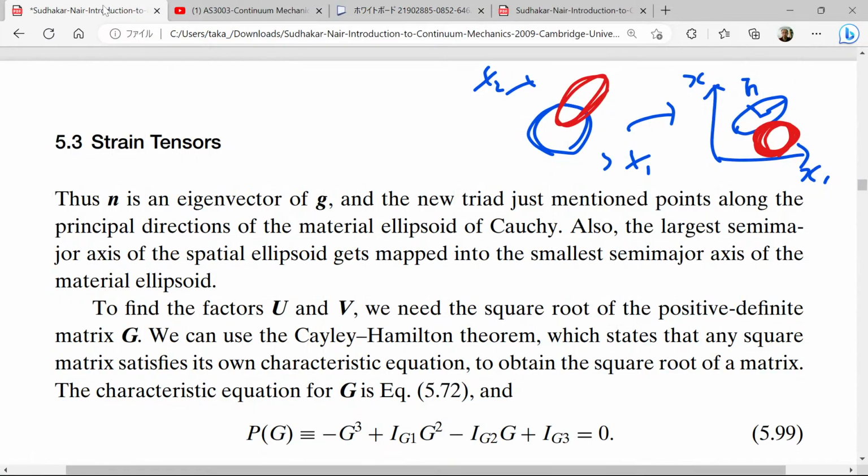Does it make sense? Thus, n is the eigenvector of small g, and the new triad just mentioned points along the principal directions of the material ellipsoid of Cauchy.